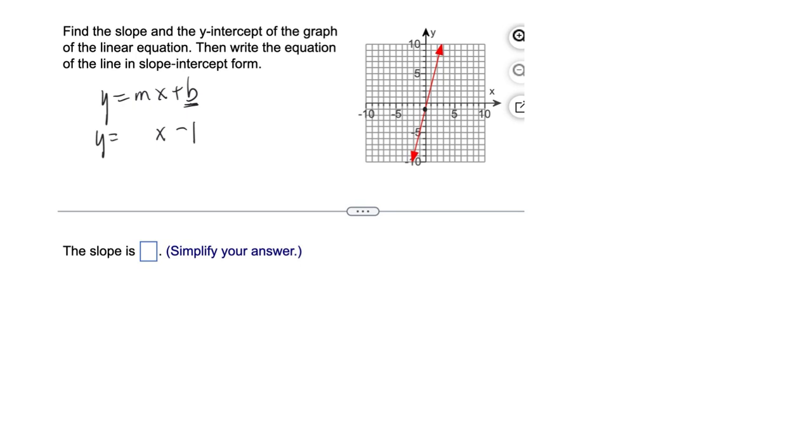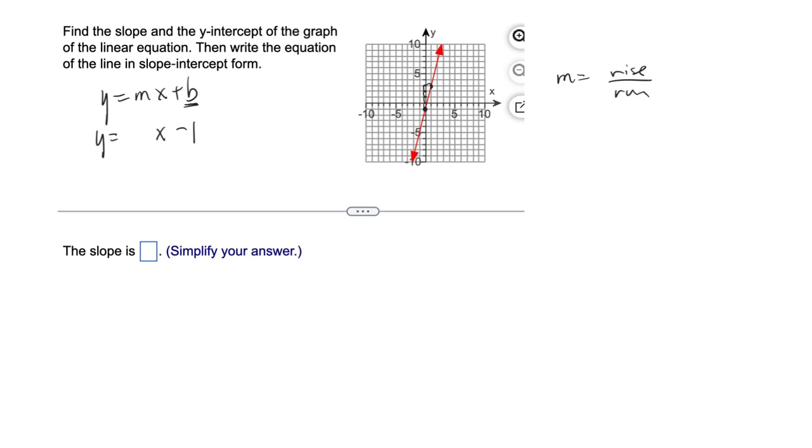So to get the slope, you want to go from any point on the line to another point that you know for sure is on it. I think right there is a point that's right on. So if I look at my slope, it'll be up 1, 2, 3, 4, and then 1 to the right. So my slope is rise over run.